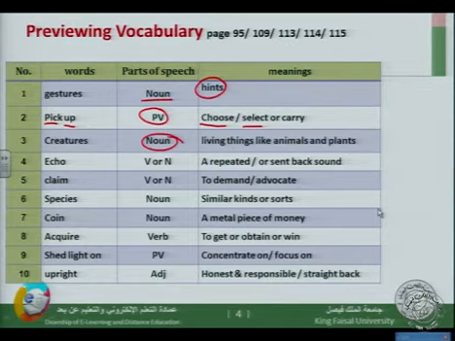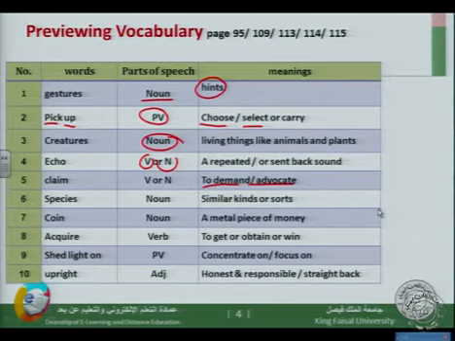Creatures is a noun. Creatures means living things like animals and plants, مخلوقات. Echo. Echo can be a verb and can be a noun. Echo means a repeated or sent back sound. Claim. Claim also is a verb or noun. Claim means to demand, to advocate.